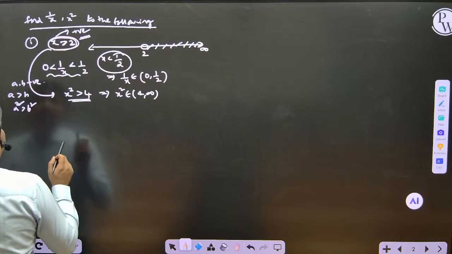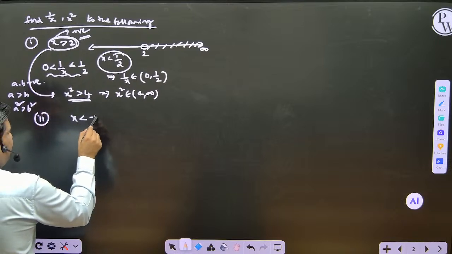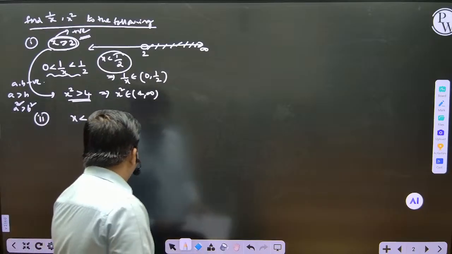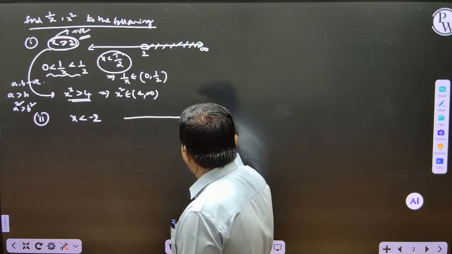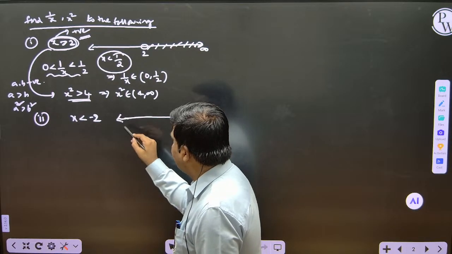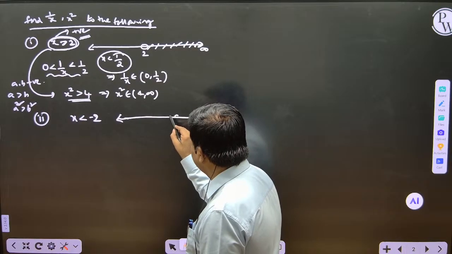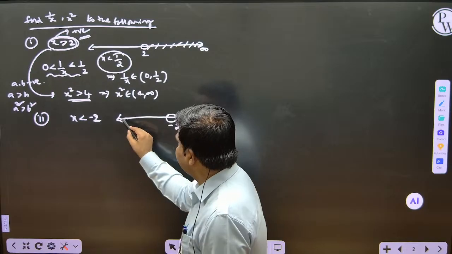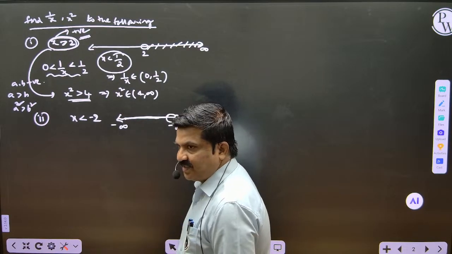See, the second question: x is less than minus 2. Here you must take care. Here is minus 2, correct. Less than minus 2 means this side, where it reaches minus infinity.